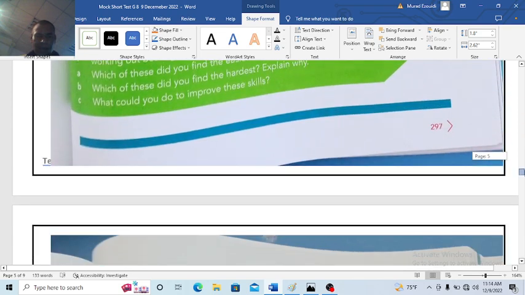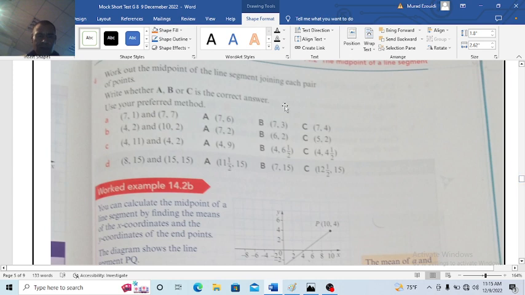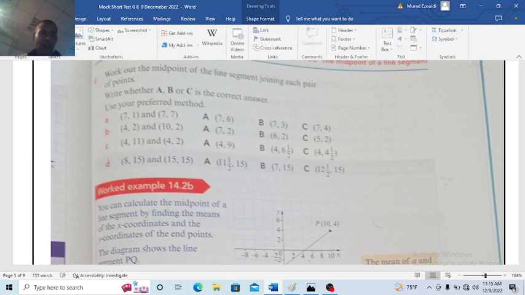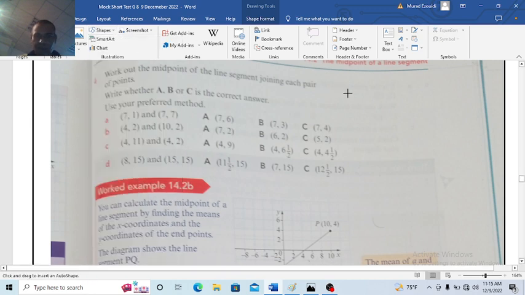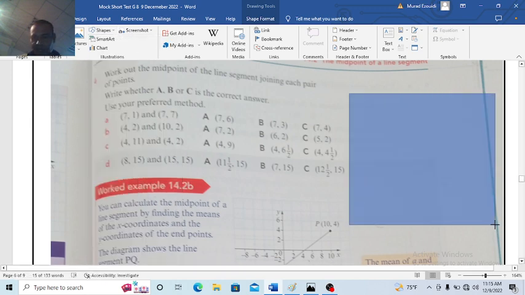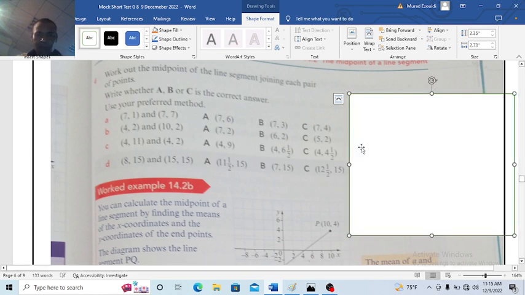Okay, now we move to this question. We have a question about the midpoint. I will just explain this here. So the points are 7, 1 and 7, 7.